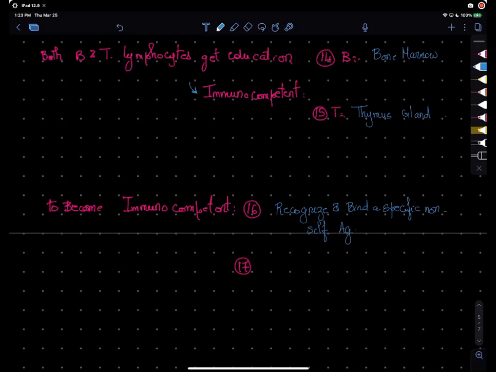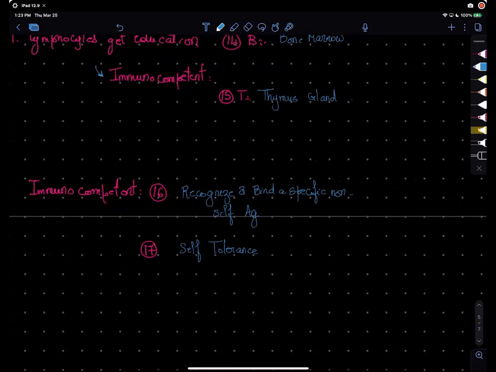What is the other thing? Exactly, to have self-tolerance. To develop self-tolerance. And in order for me to develop self-tolerance, I need to pass through how many selection processes?